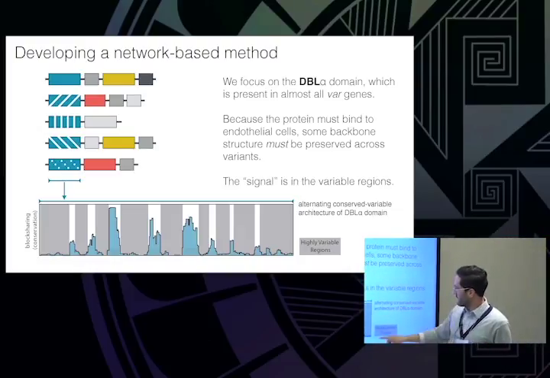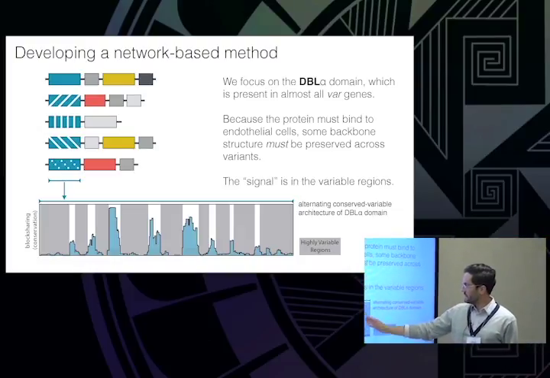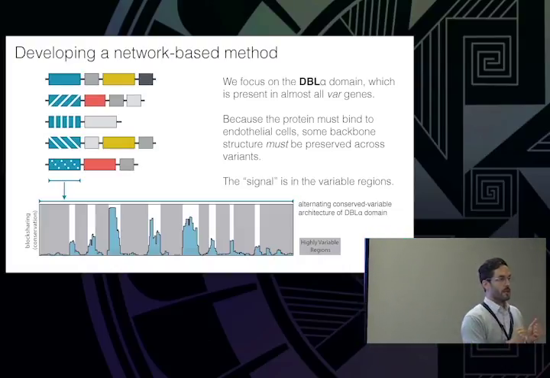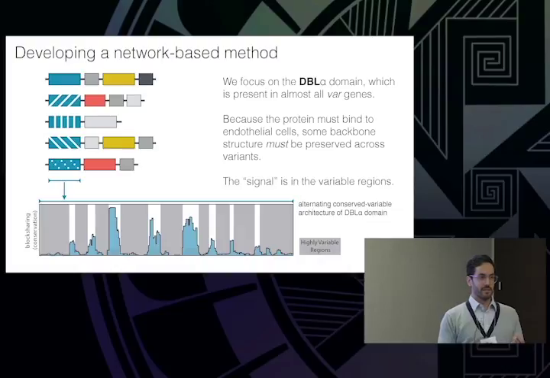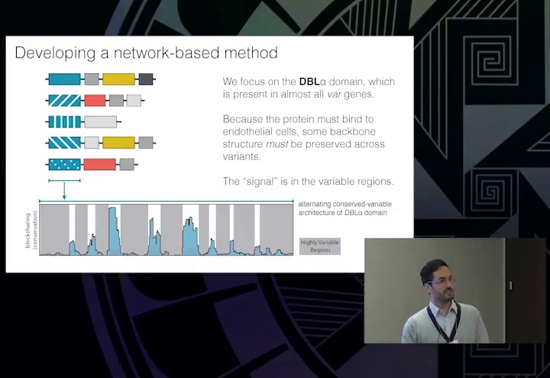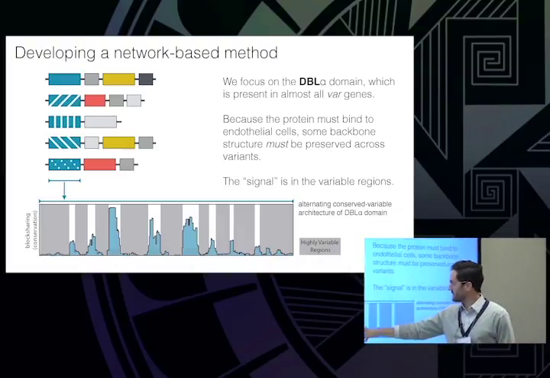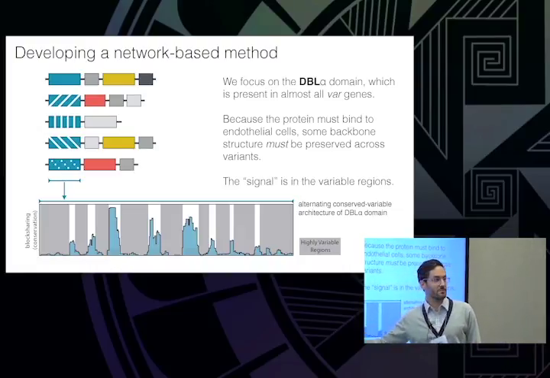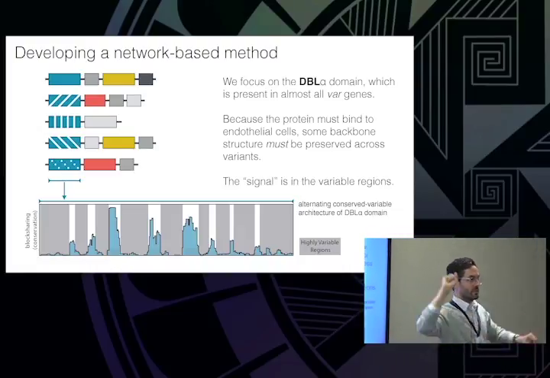In other words, there are highly variable regions shaded in gray, and spacing them are these conserved backbone elements of the protein. So if we're trying to understand how the parasite is bobbing and weaving and evading the immune system, we don't even care about these conserved parts. These are just for binding. What we want to look at are the highly diverse parts that the parasite is using to throw off the immune system.